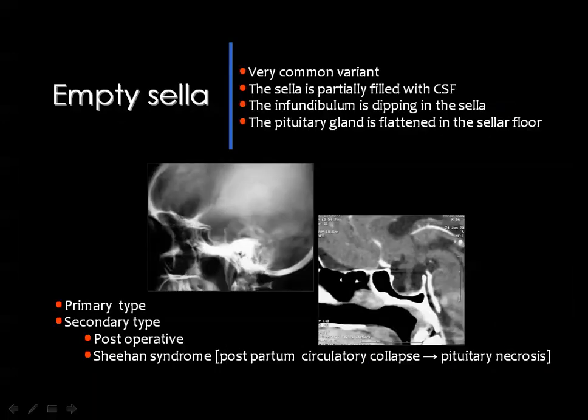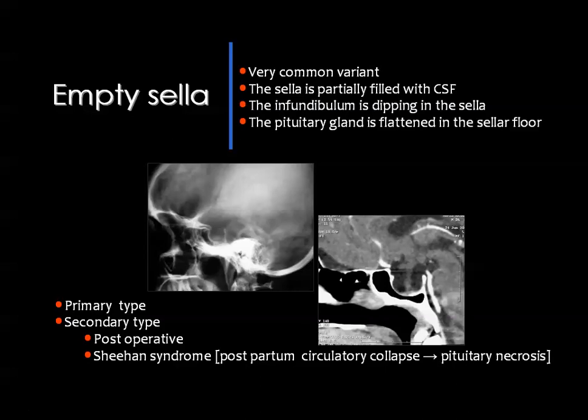Then the empty sella means that there is excess of CSF inside the pituitary fossa, and this is considered of 2 types: the primary type and the secondary type.